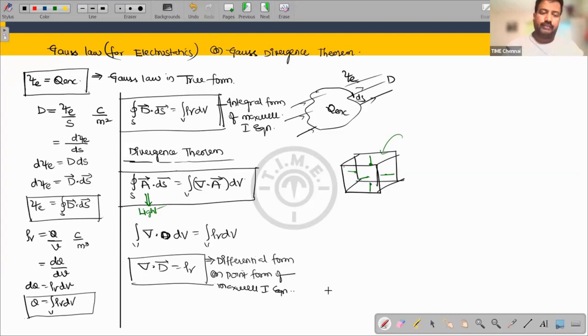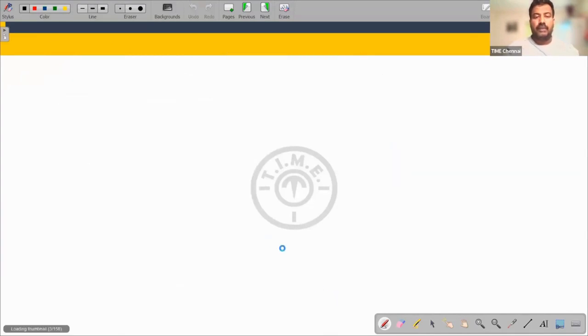This is the end of Maxwell first equation. And if you want to apply Gauss law, you need to follow a procedure.